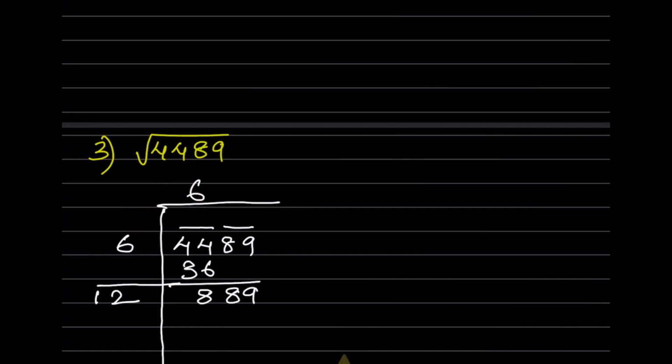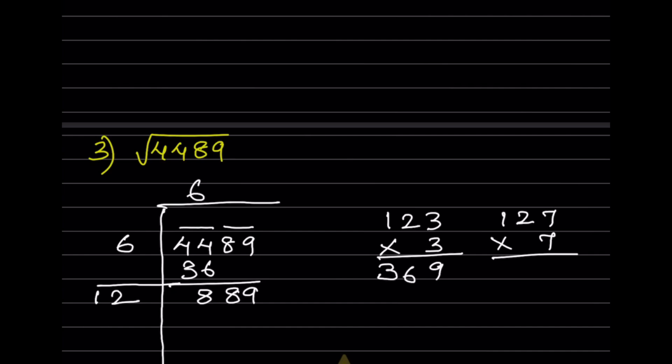Now this is 9. The units place is 9. So what will you get here? 123, meaning 3 3s are 9, multiplied by 3. Or you are going to get 127, 7 7s are 49, into 7. So you are going to check these numbers. So this is 369 and here is 889.